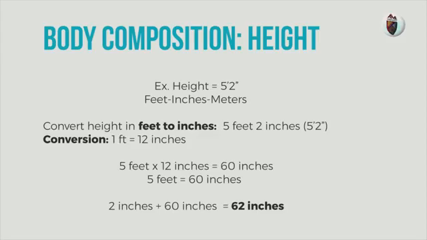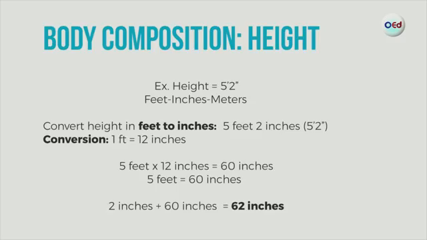Knowing this value, we must now convert this height measurement of feet into inches, and later into meters. This is because we will use this later in our computations for your body mass index. What is your height? Try computing along using your own height measurements by being guided with the example.